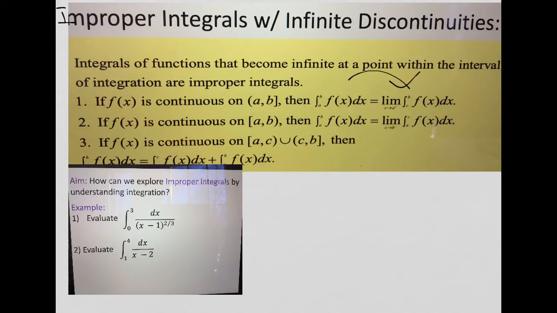Okay, so now let's talk about the other way. If f of x is continuous on the interval from a to b, including a, not b, then the integral of f of x with respect to x from a to b is equal to the limit of the integral of f of x with respect to x from a to c, where c approaches b from the left.